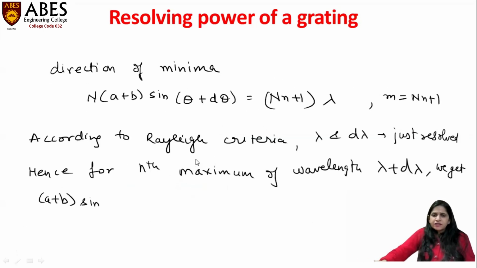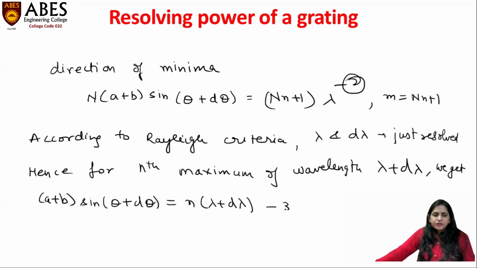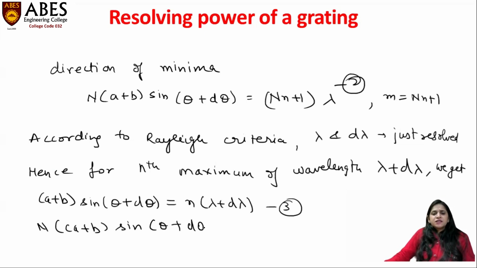So what will be the grating equation? We will write a plus b sine theta plus d theta is equal to n, now it is lambda plus d lambda. So this is equation number 3. And if we again multiply with the total number of lines N, we get N into a plus b sine theta plus d theta is equal to n N lambda plus d lambda. This is equation number 4.